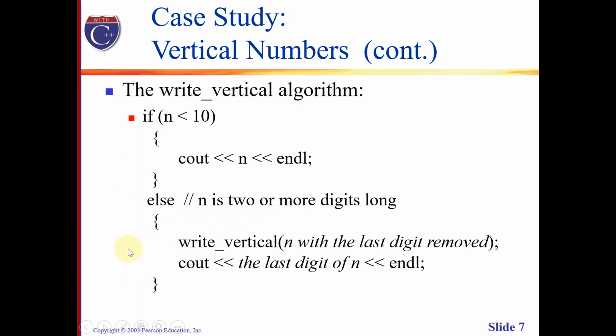Otherwise, we will call a recursive function. In this case, we will recursively call our function writeVertical until such time that a certain condition is met, which will end our recursive call.